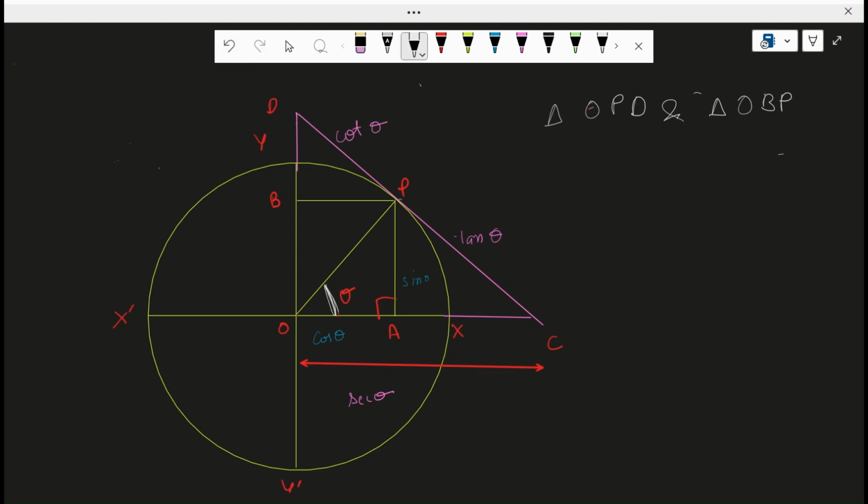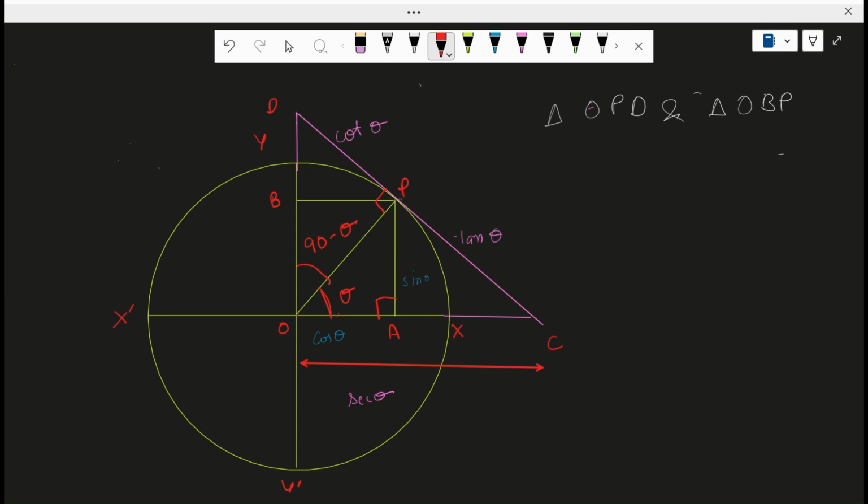Now if this is our angle theta, this will be definitely 90 minus theta, and this will again be perpendicular for our triangle OPD.